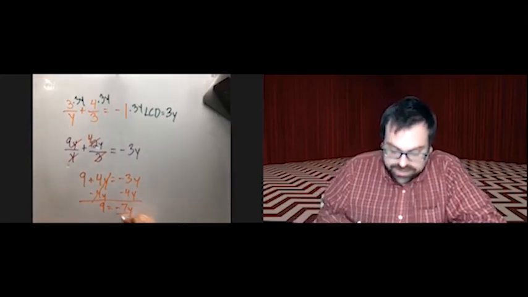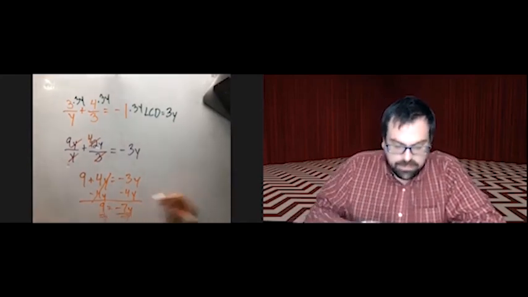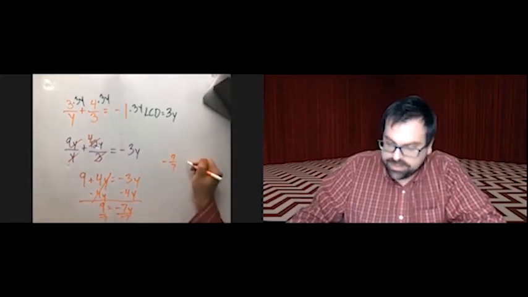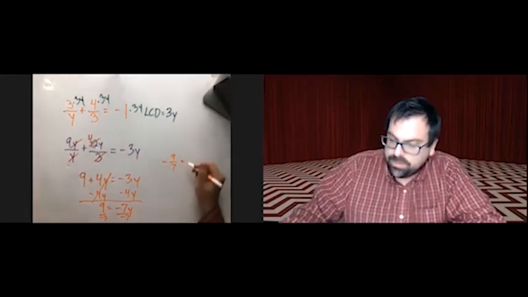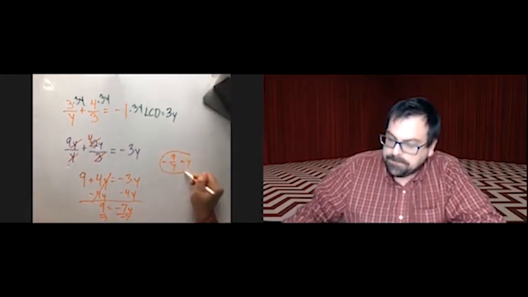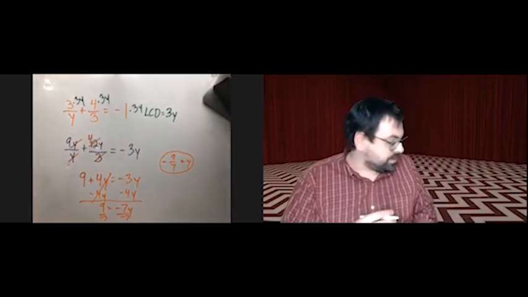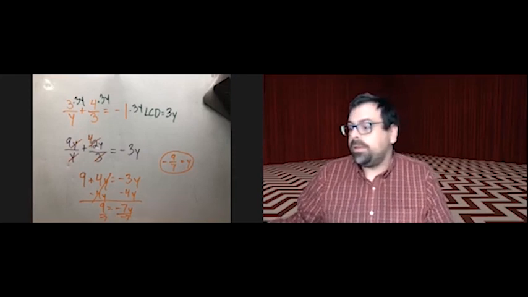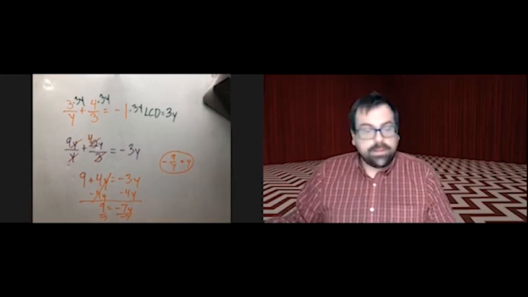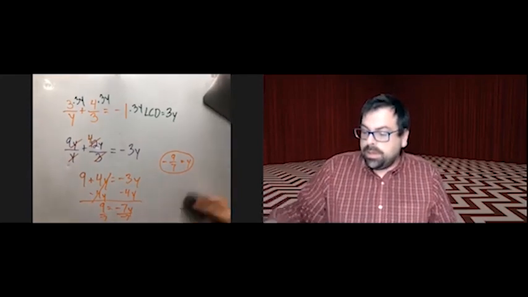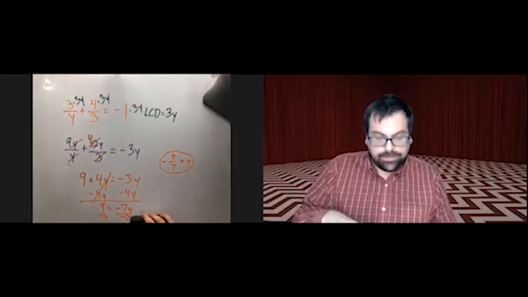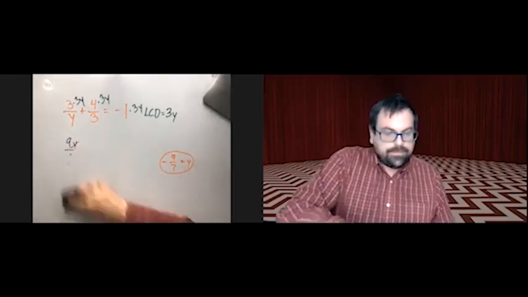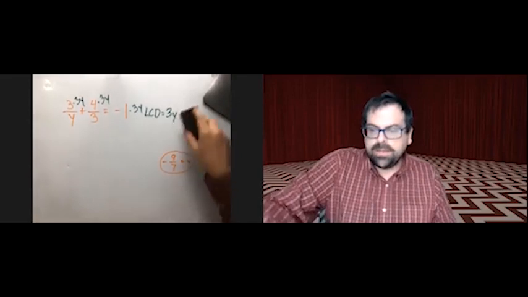And if I divide both sides by -7, positive divided by negative is negative: -9/7 equals y. y equals -9/7. This was the shoving the LCD way.